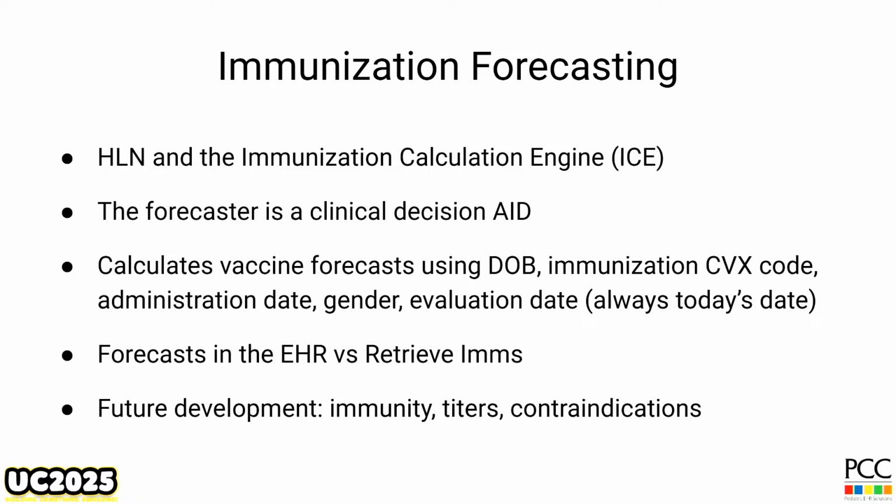And let's see, the forecasts in the EHR versus the retrieved IMS. Oh, yes. Why did I put that there? Because now that we have more and more offices that are able to retrieve the immunizations from the registry, some of you may notice that there's some forecasting in that retrieval. Here's the IMS that the patient has that you can pull in, and also here's what we think you should administer.